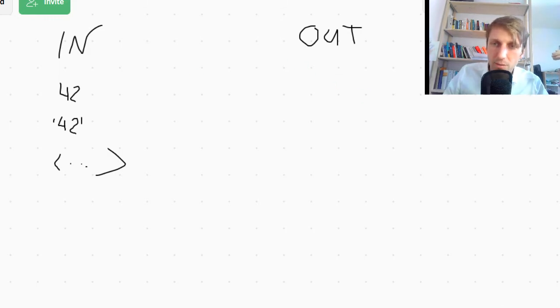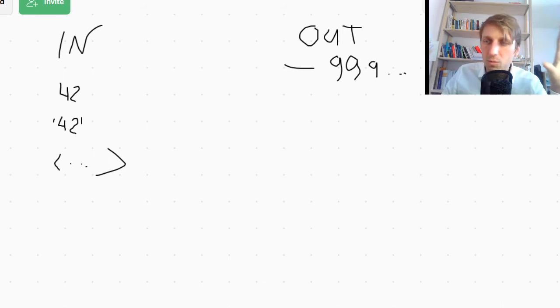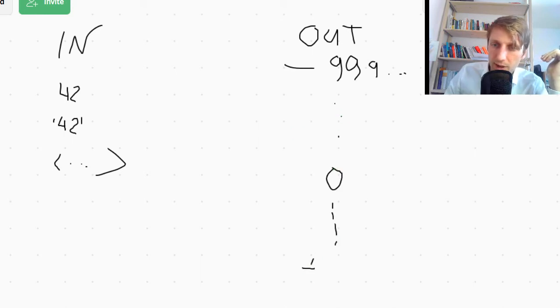So we have a number from the maximum possible negative integer number, through 0, all the way to the maximum positive integer number. Something like this.